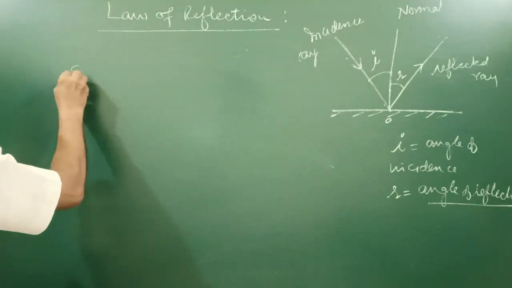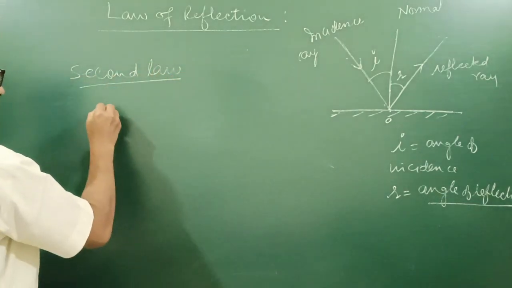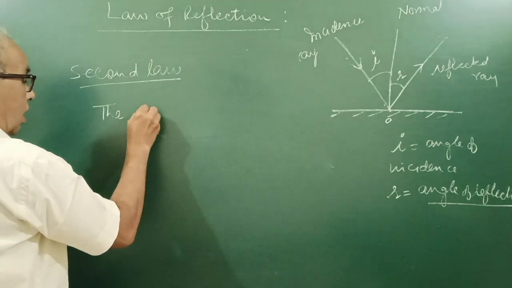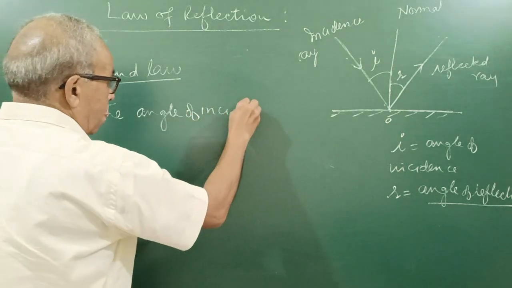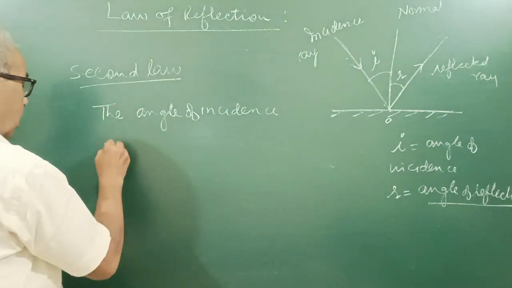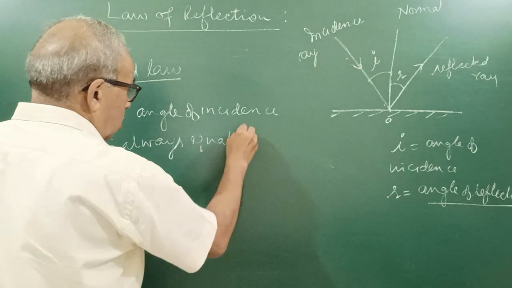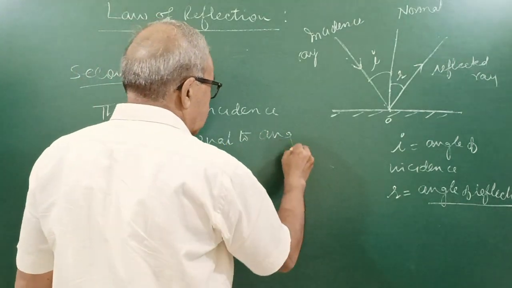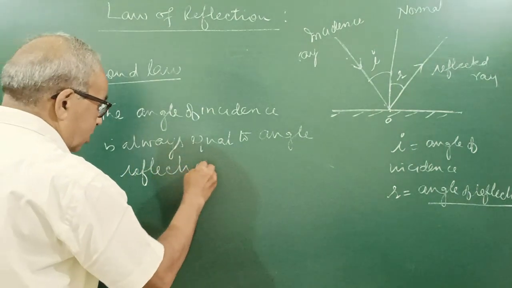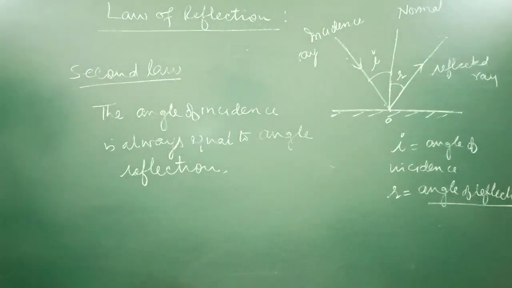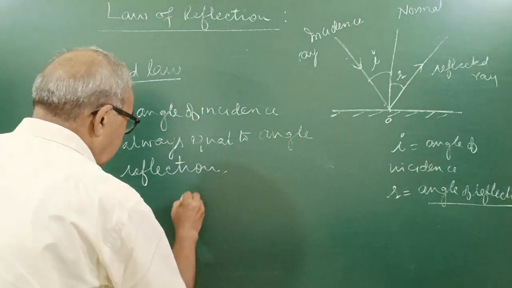But the second law is this only: the angle of incidence is always equal to the angle of reflection. Here i is equal to r. In the figure, i equals r.